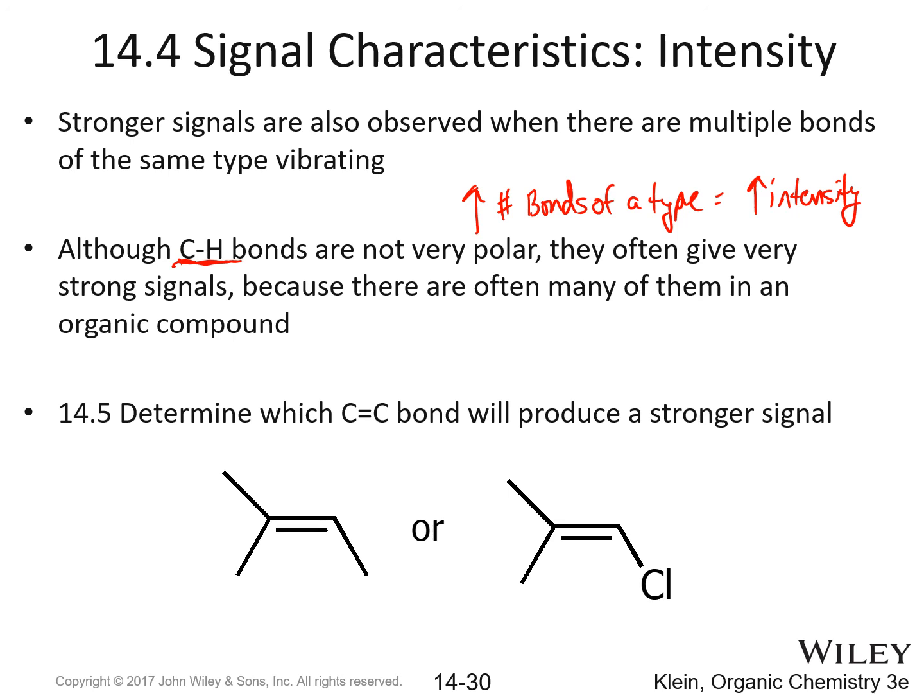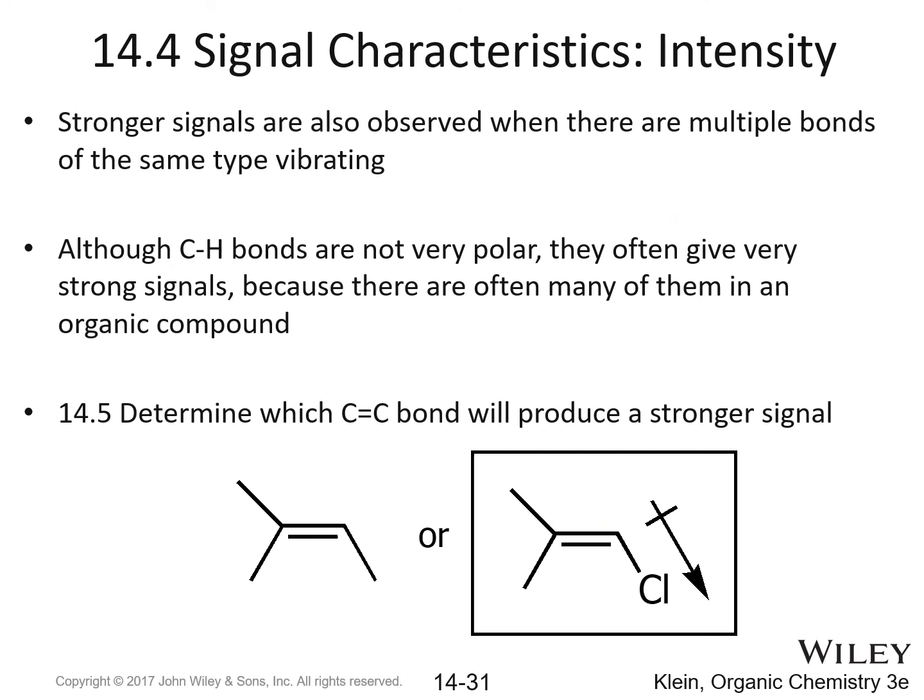All right, in example 14.5, let's determine which carbon-carbon bond will produce the stronger signal based on the factors that influence the intensity of that signal. So if we look at our carbon-carbon bond here, and we want to determine which one will give us a more intense signal, if you recall, the polarity of the bond will influence the intensity.